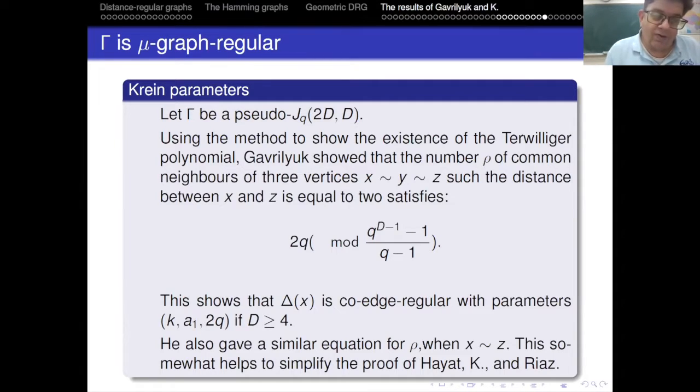And Gavrilyuk also gave a similar equation for rho when x is attached to z. This somewhat helped to simplify the proof of Hayat, myself, and Rias. We don't need the last part of the proof, which is much simpler if you are in this particular case.